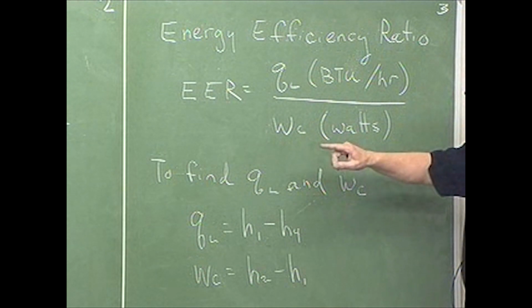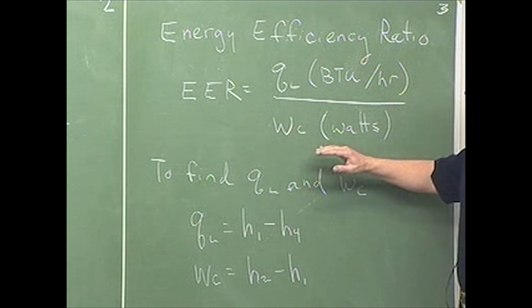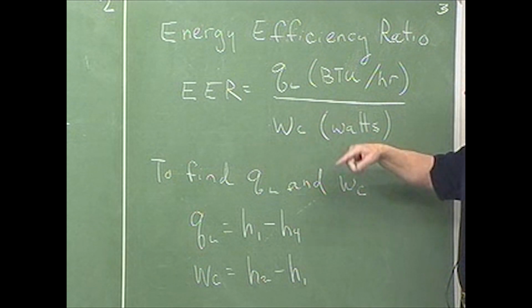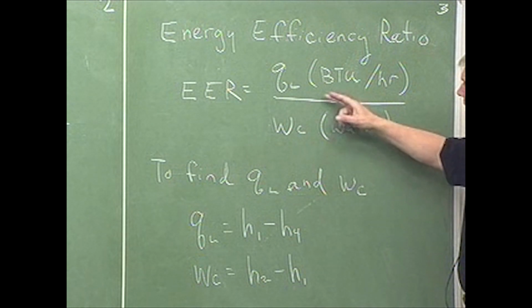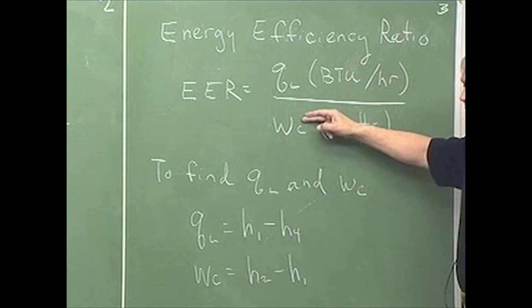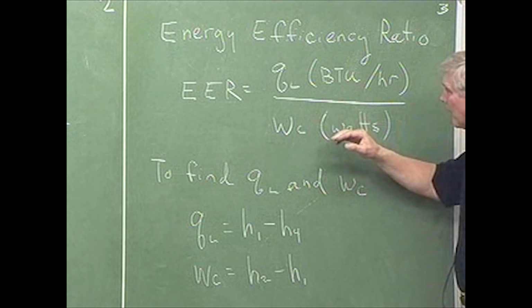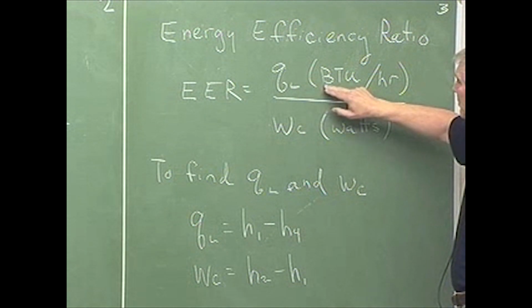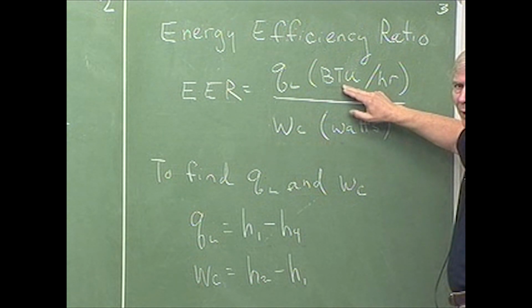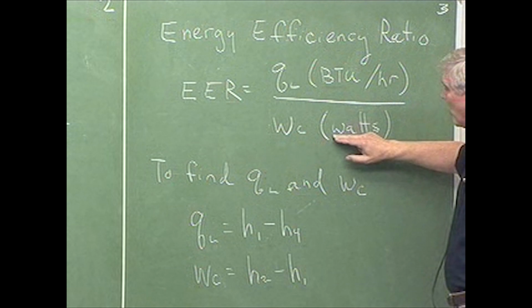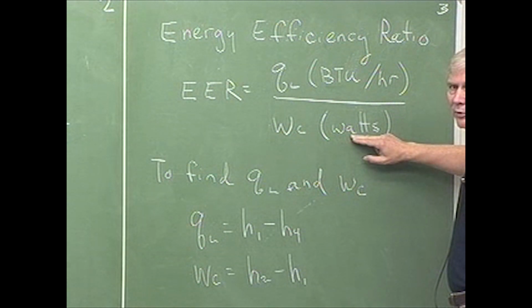For the coefficient of performance, that's a unitless parameter because we had energy over energy. Well, here we have the same thing, QL over WC, but in the industry, QL is specified in BTUs per hour, and work is specified in watts.